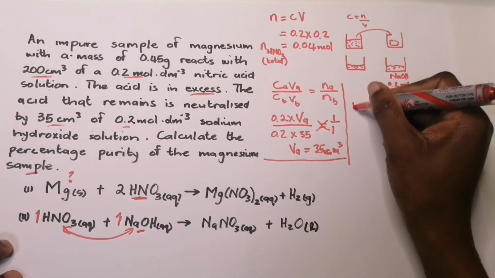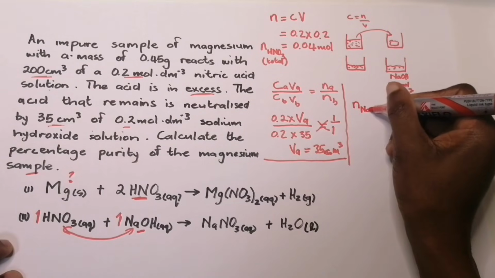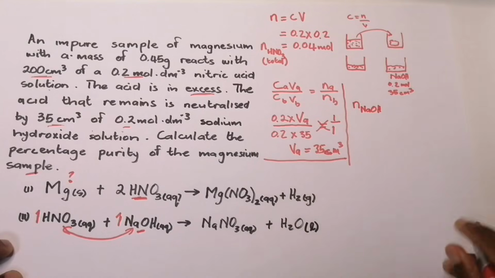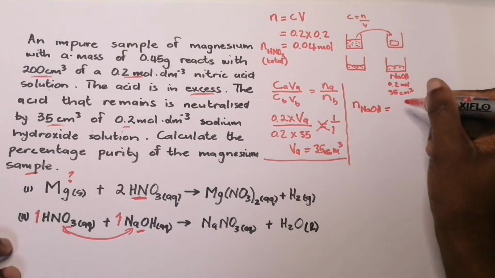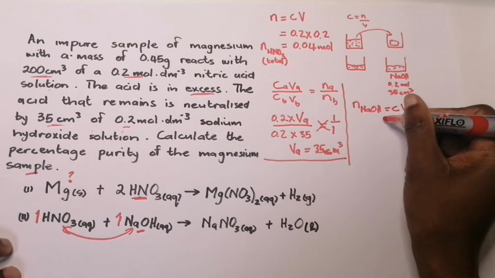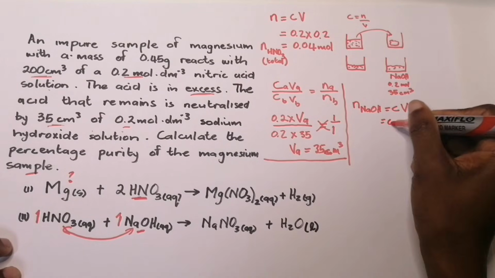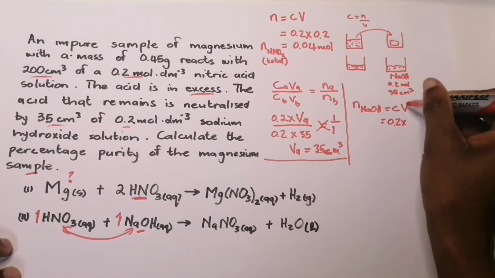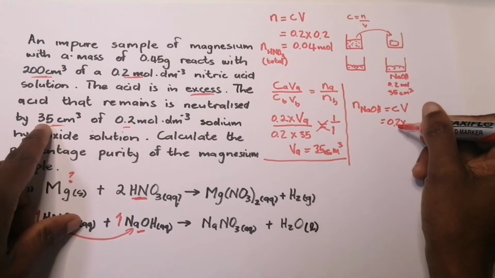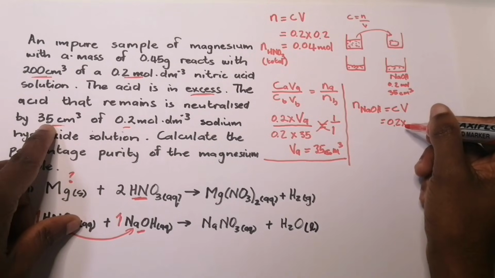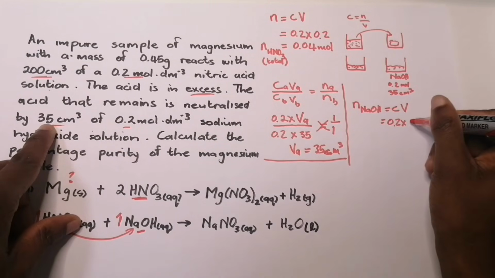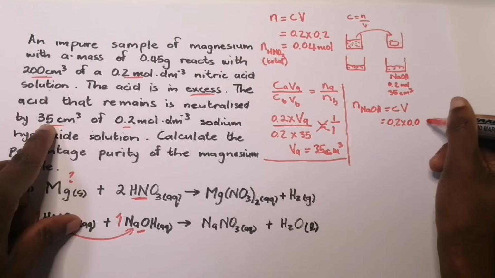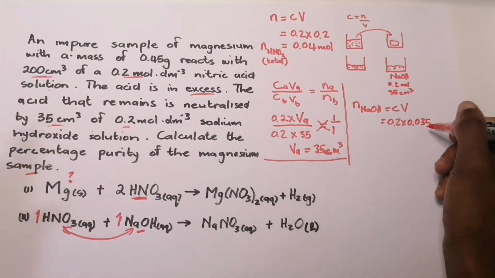So we can find out the number of moles of sodium hydroxide. I want us to remain consistent with using stoichiometry. The number of moles of sodium hydroxide is concentration times volume. This is going to be 0.2. Remember, our volume must be in cubic decimeters, so you'll say 35 divided by 1,000, which is 0.035.